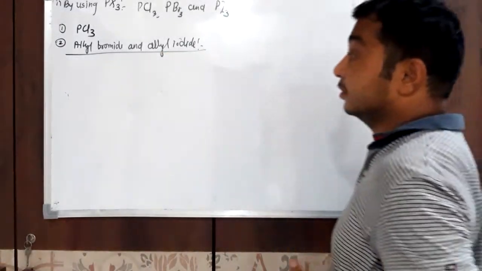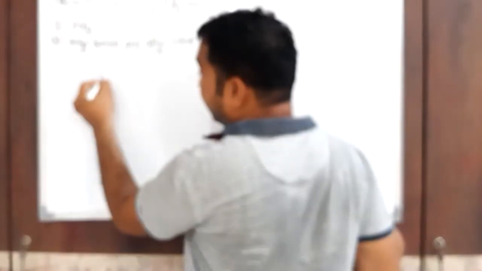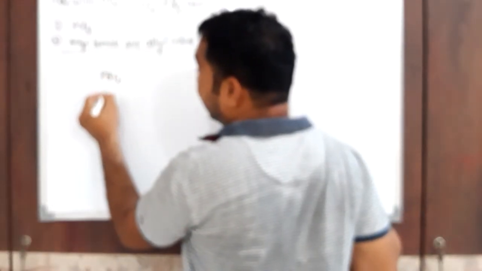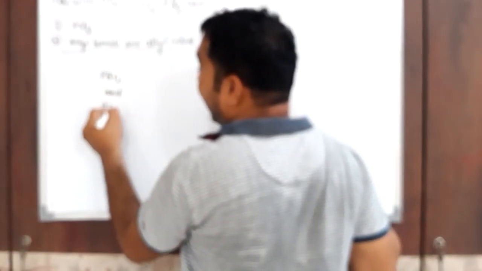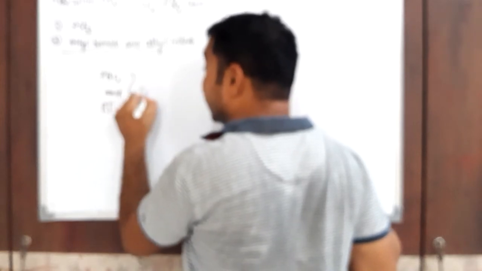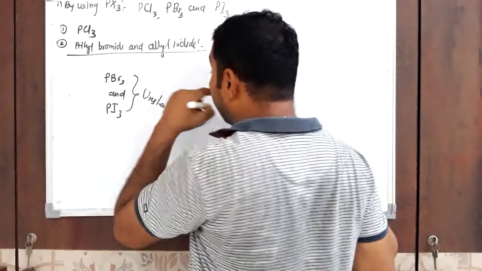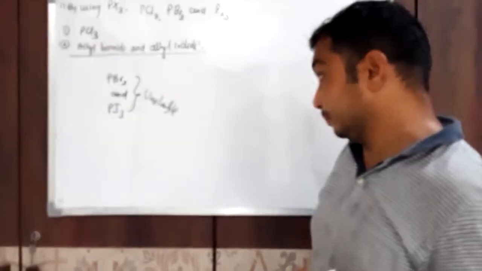I told you PBr3 and PI3 are unstable. Unstable means we cannot store them.